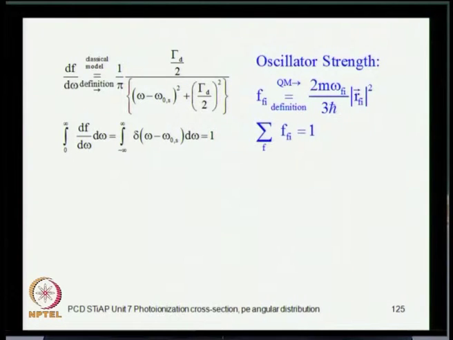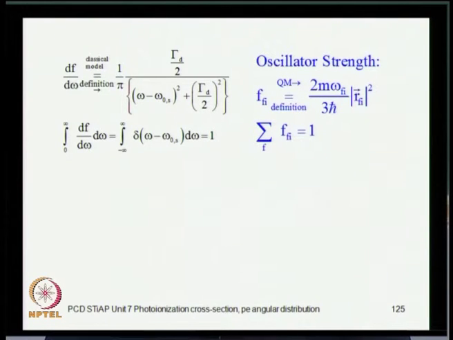And then we also introduced the oscillator strength. We introduced the quantum mechanical oscillator strength for transitions from i to f. And then in the classical model of photoionization, we had the frequency distribution of the oscillator strength, right.